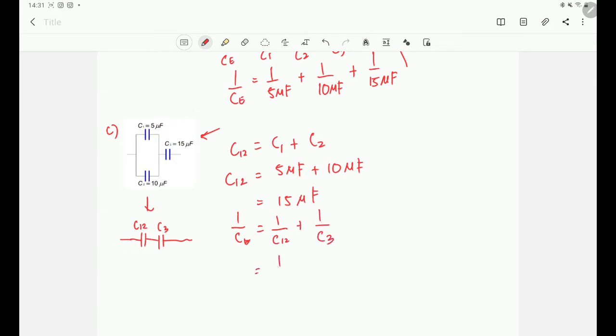Substitute: C12 is 15 microfarad, plus 1 over C3, which is 15 microfarad. Press the calculator and you get CE equal to 7.5 microfarad. Wow, fantastic.